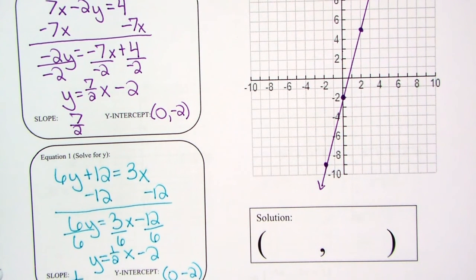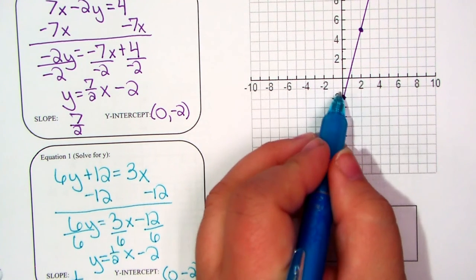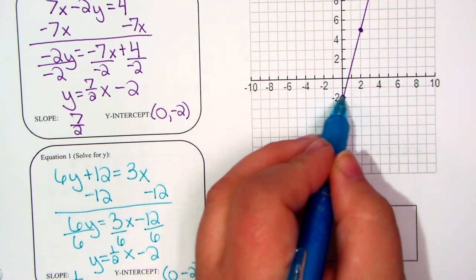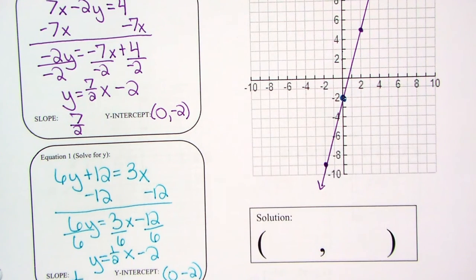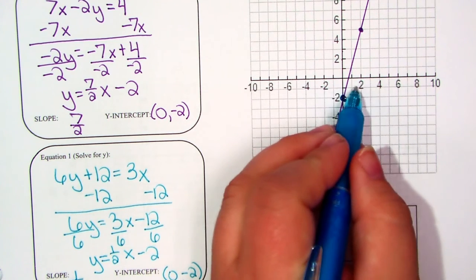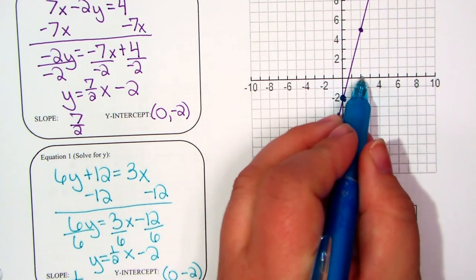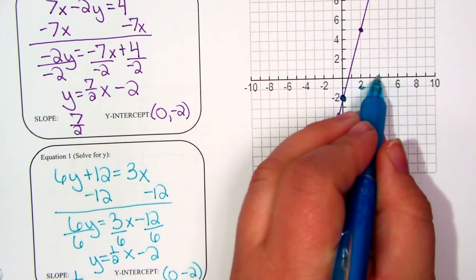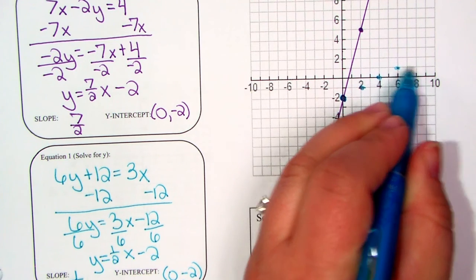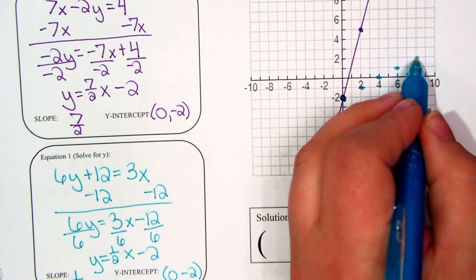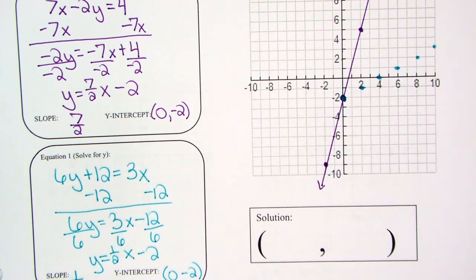So let's plot that point. 0, negative 2. Well, look at that. I've already got something on the other line. But we have to keep going. We go up 1, right 2. Up 1, right 2. I'm going to go all the way across and draw my line.